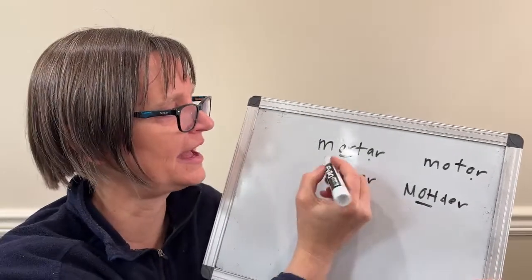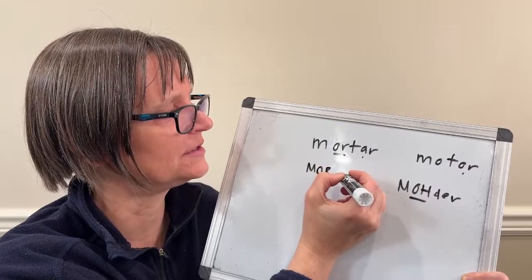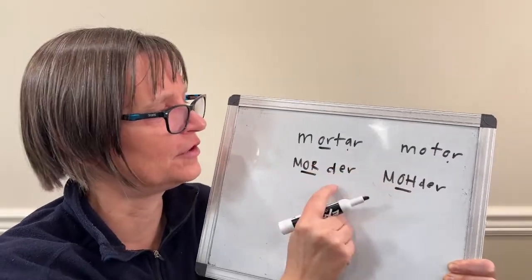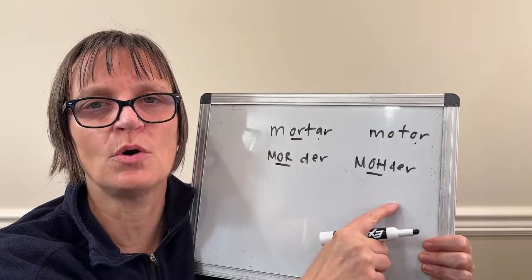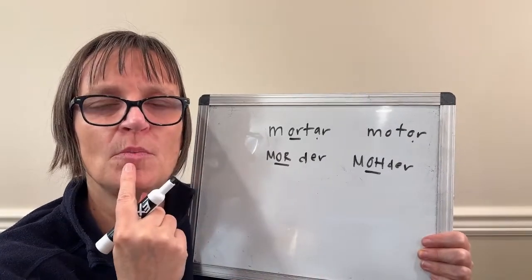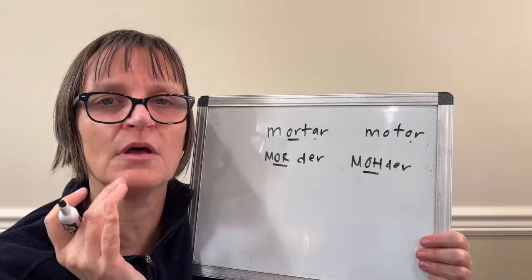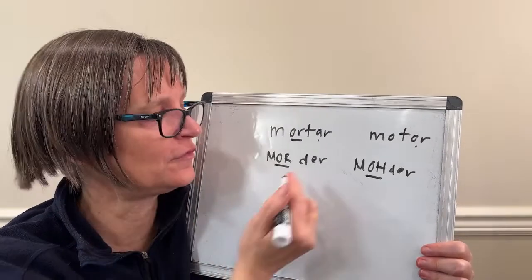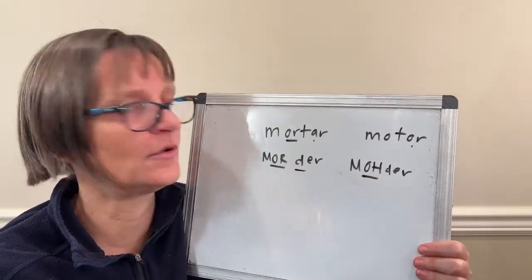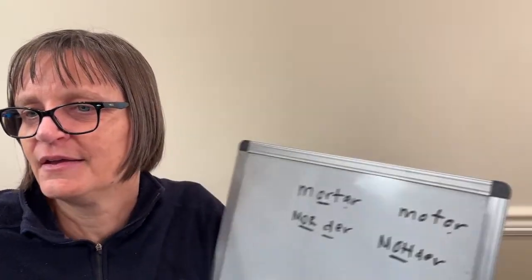And here you're going to have more of an or sound before your flat T. Mortar, motor. So when I do mo, I'm just rounded and I can just go right to my flat T, motor. Mor, I have to have that tight R before my T or before my flat T. Very good. Okay.